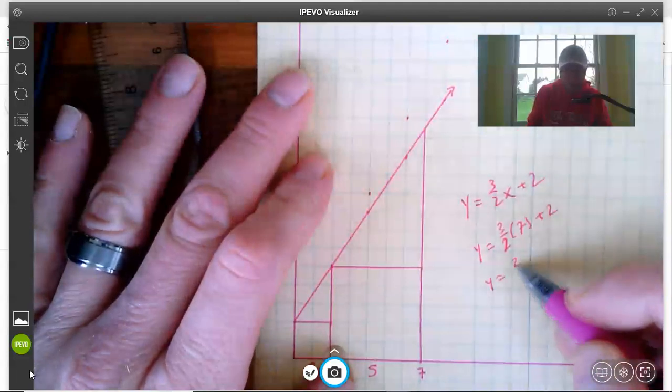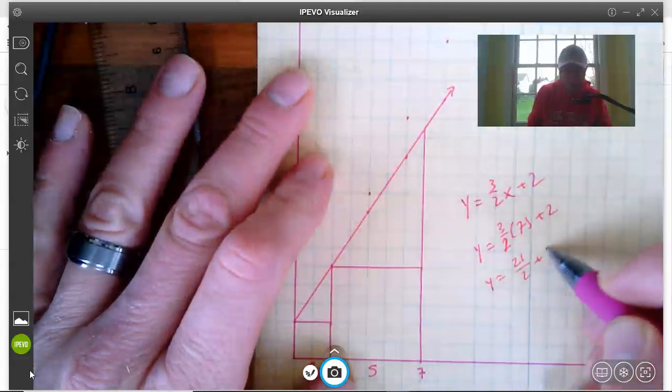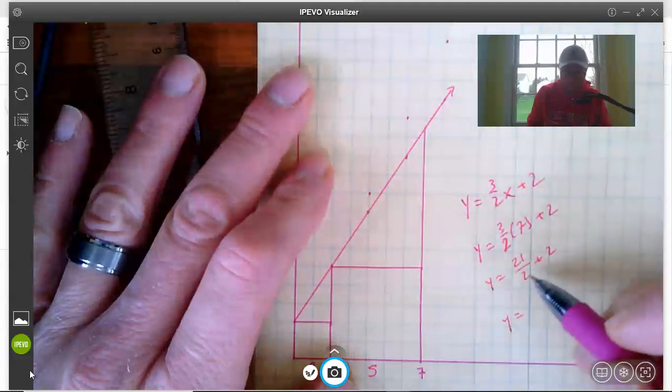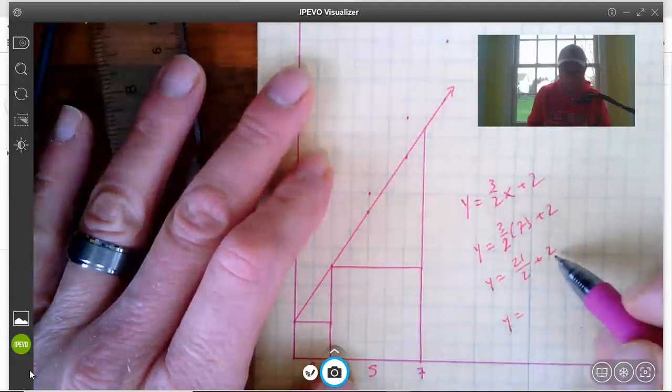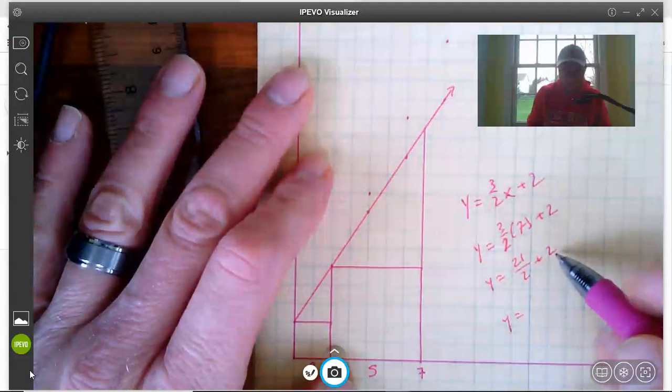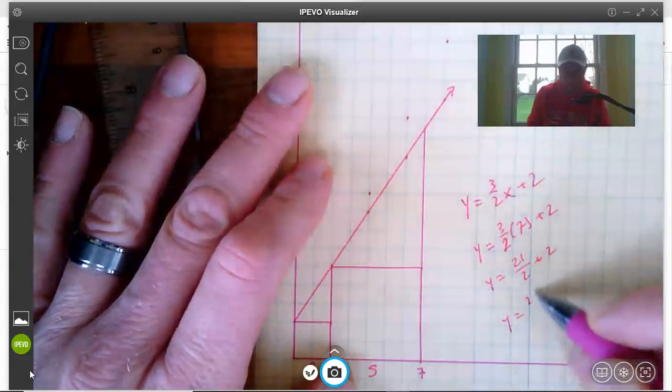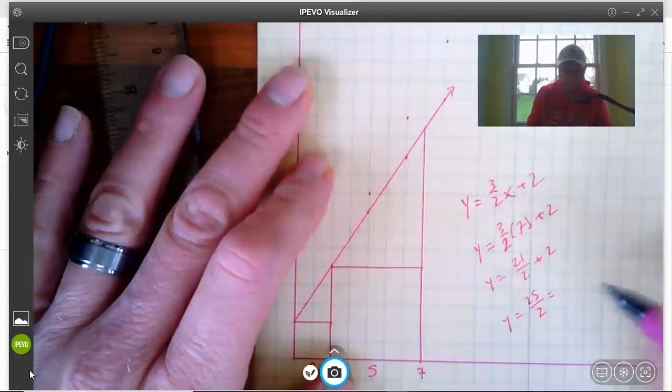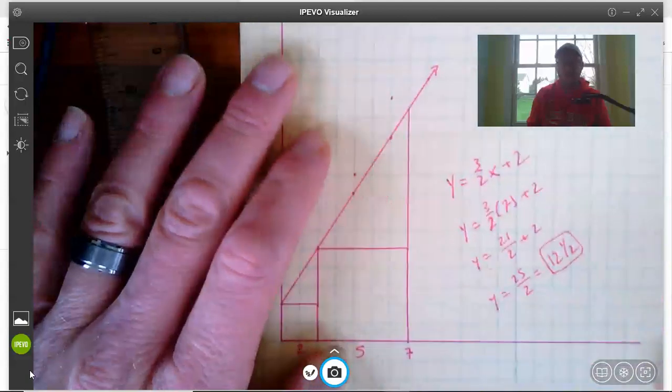That's 21 over 2 plus 2, and that is the additional 4. So that'd be 25 over 2, which is 12 and a half. So the new square is 12 and a half by 12 and a half.